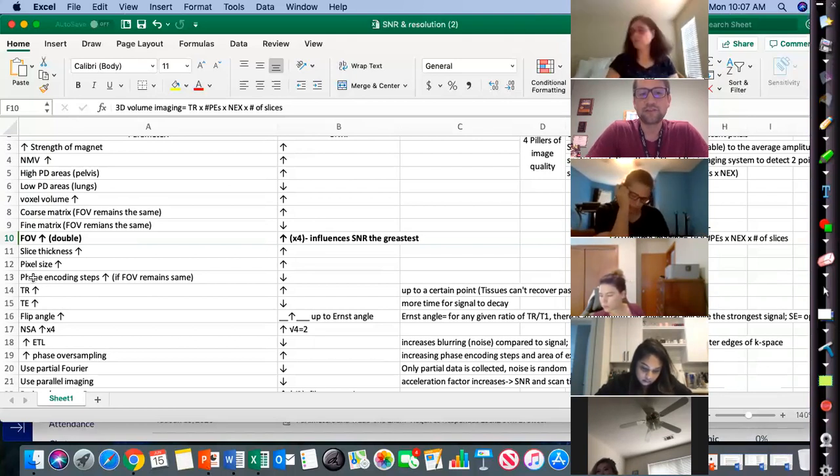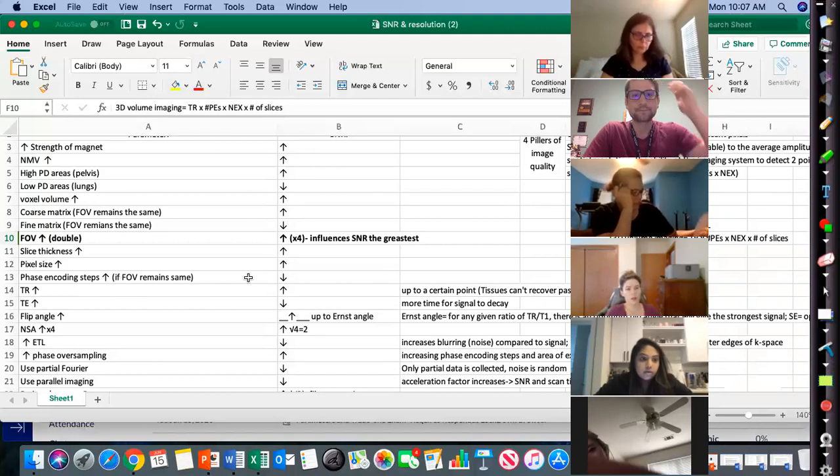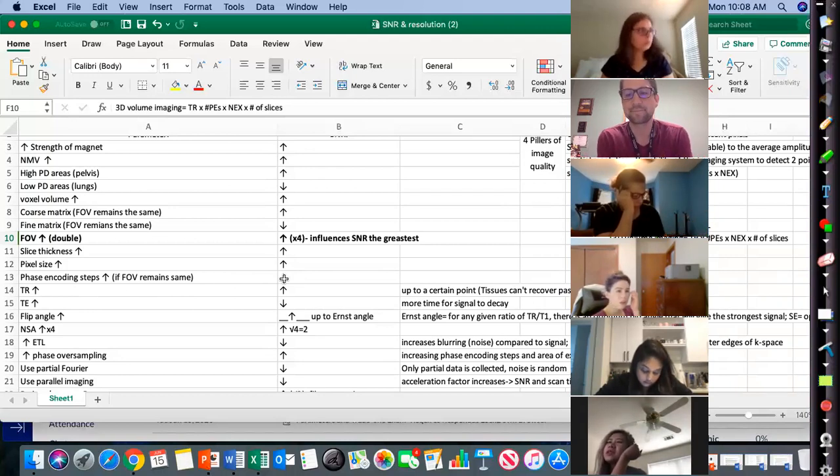13, your phase encoding steps increase, but your field of view remains the same. What happens to your signal? It says nothing, it says more noise, it says it decreases, but why? Is there more noise?